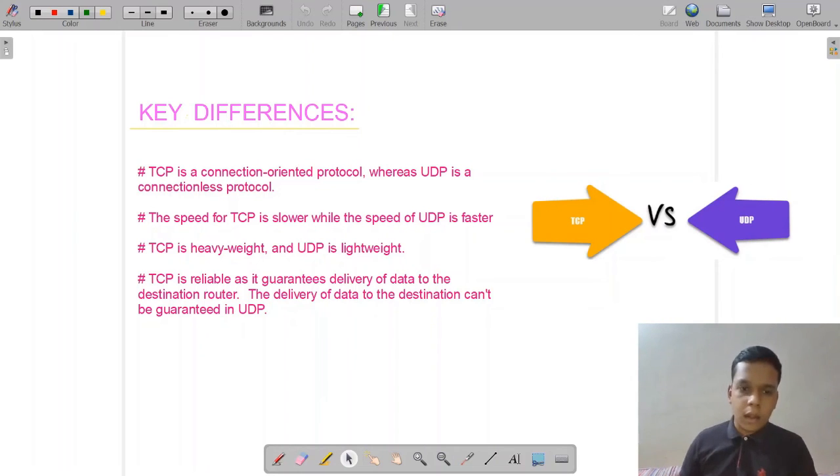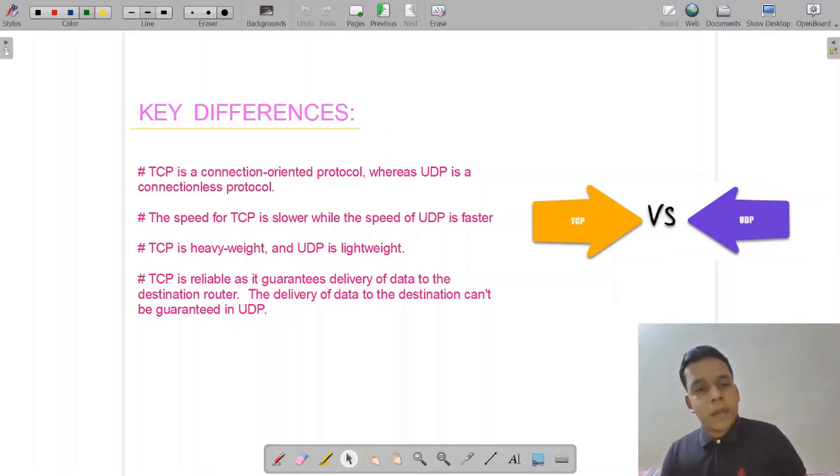As far as UDP is concerned, it is almost similar to the TCP protocol, except that it doesn't guarantee error checking and data recovery. Using the UDP protocol, the data can be sent continuously irrespective of issues at the receiving end.